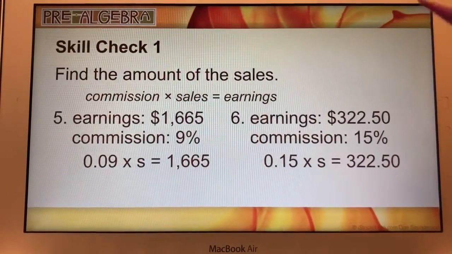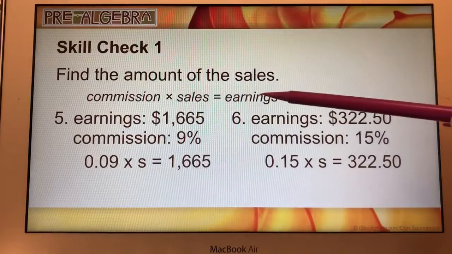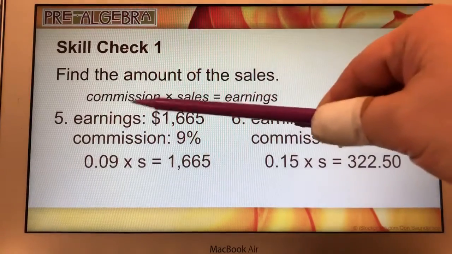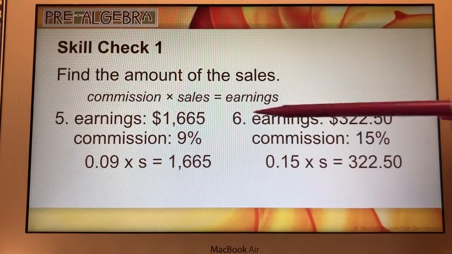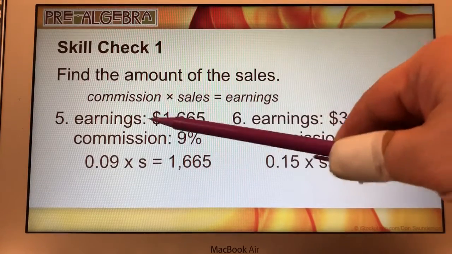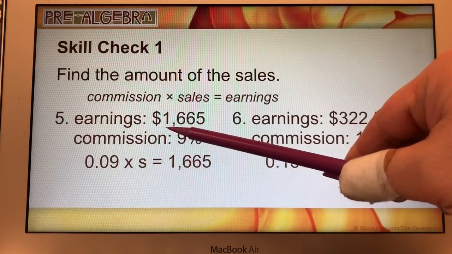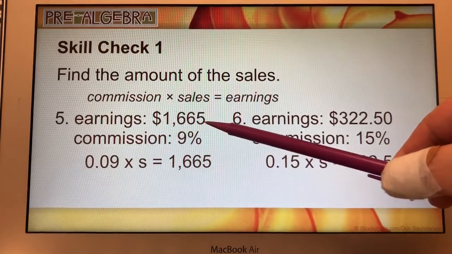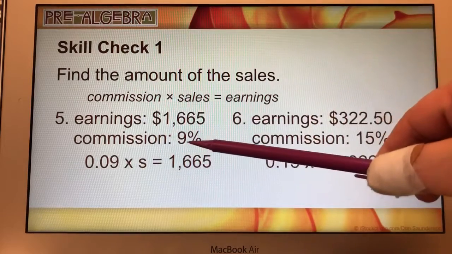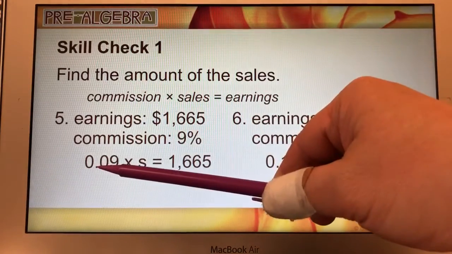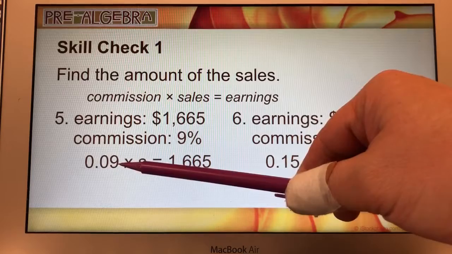Now, if we're given the amount of earnings and the commission, we can also calculate the total sales. So let's say we have earnings of $1,665 and the commission was at 9%. So you take your commission, you convert it into a decimal, 0.09.